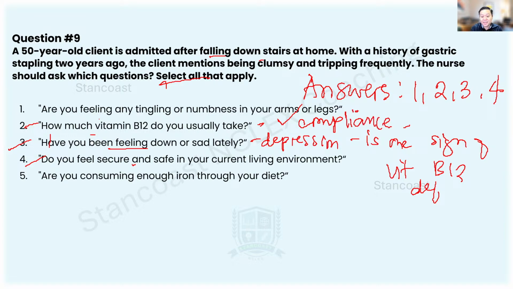If they are not taking it as required, then their vitamin B12 levels are not achieved. And 1, are you feeling any tingling sensation or numbness? These are the neuro signs and symptoms of vitamin B12 deficiency. So we need to find out if they have those.